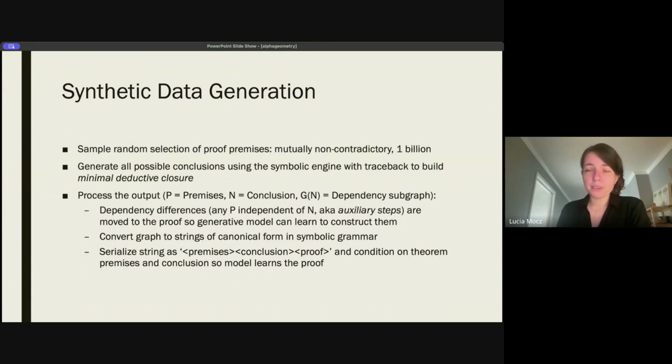So there are traceback algorithms, as they're doing the forward inference and constructing these graphs, to find the minimal deductive closures, so that you have the shortest possible proofs which are still going to be accurate at every single step. So you don't trace back and take away steps that would make the proof inaccurate. You would just take away steps that make the proof verbose.